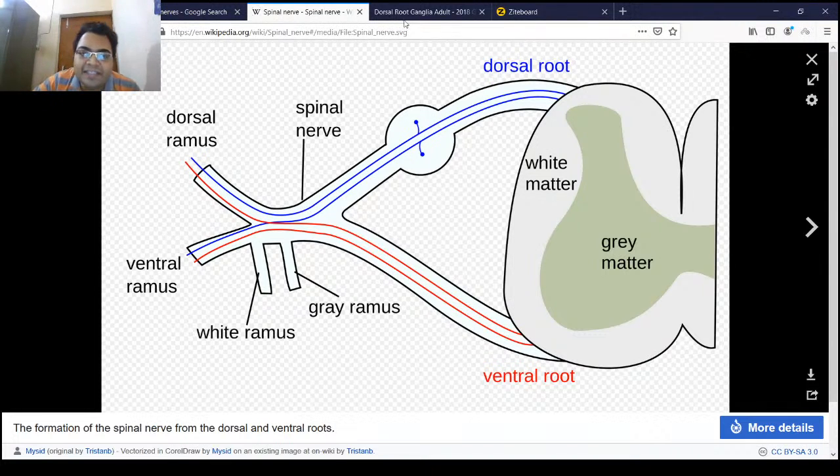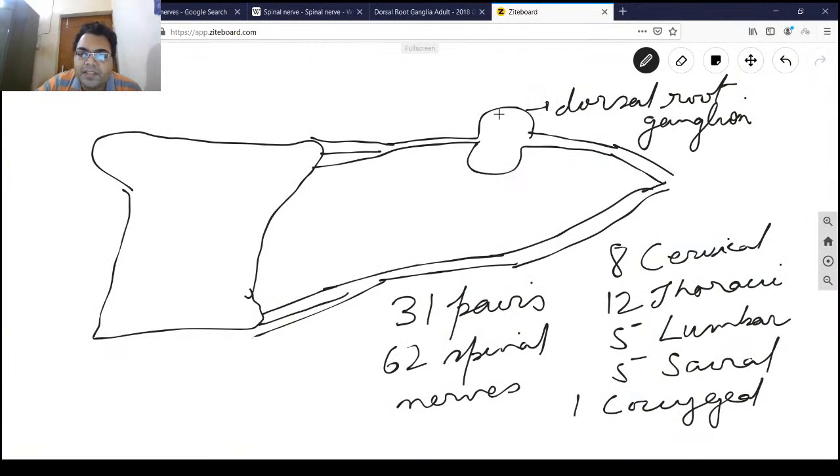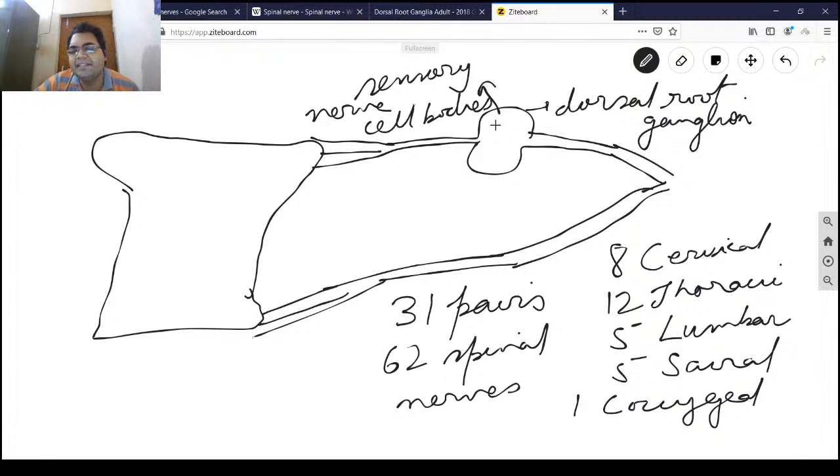So this contains the sensory nerve cell bodies, the afferent nerves, meaning the signal is going towards the spinal cord, towards the brain.